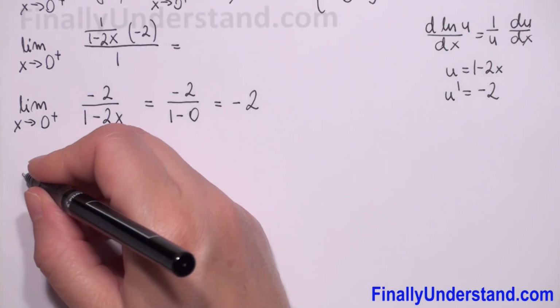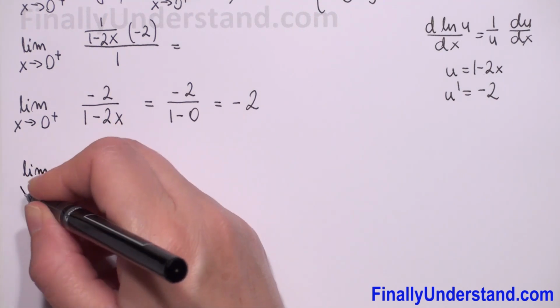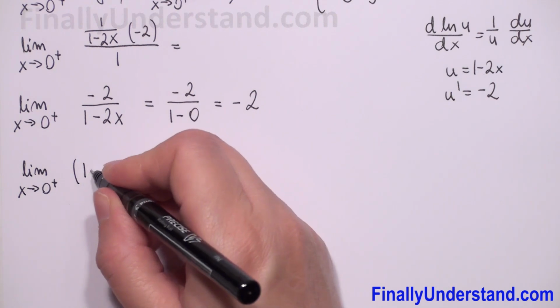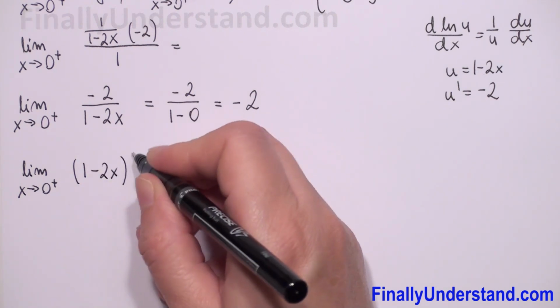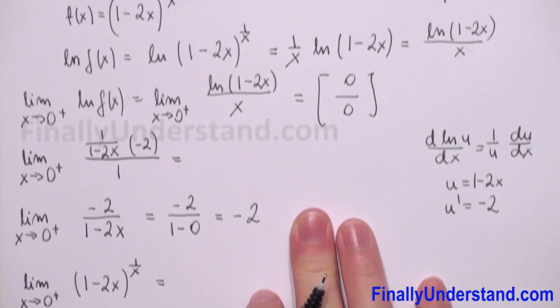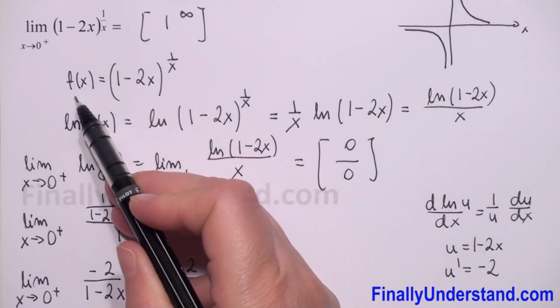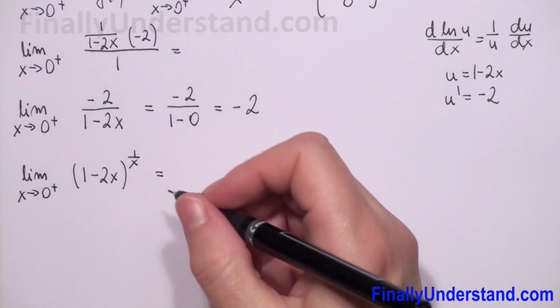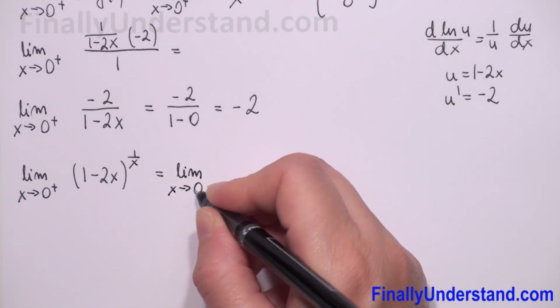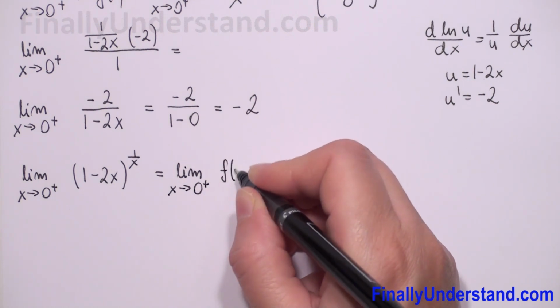Let me rewrite this. We have the limit as x approaches 0 from right of (1 minus 2x) to the power 1 over x. For this function I will put f of x. So we have the limit as x approaches 0 from right of f of x.